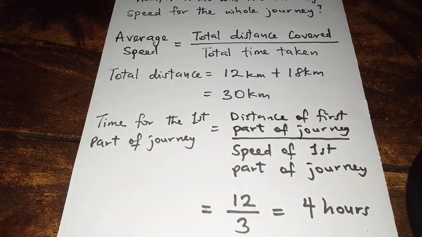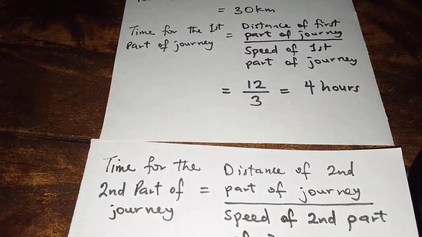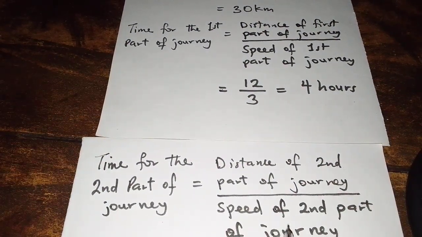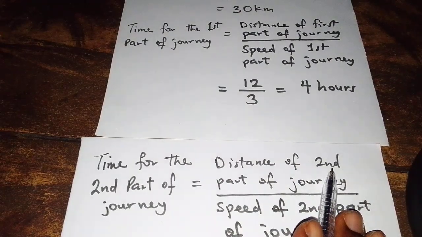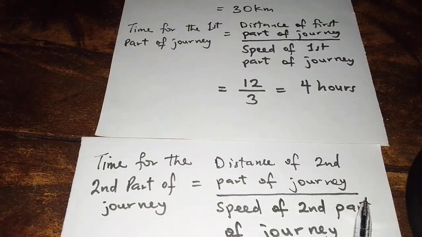Now for the second part of the journey, the distance he used to cycle is 18 kilometers and the speed at which he cycled is 9 kilometers per hour.